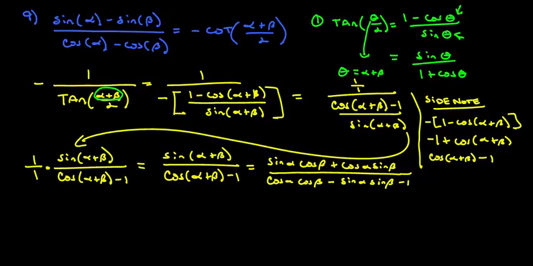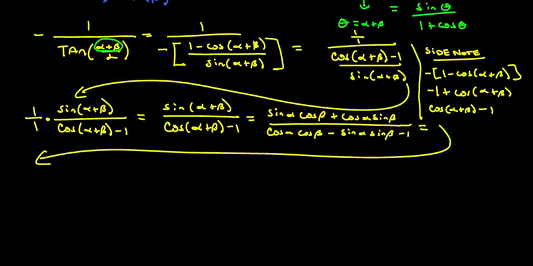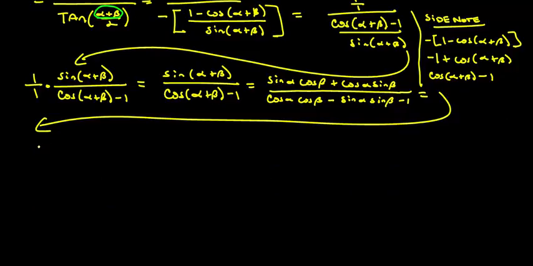So now what am I going to do? Well, I guess we could divide everything by cosine beta cosine alpha. Why not? If I divide everything by cosine beta cosine alpha, I would get sine alpha cosine beta.